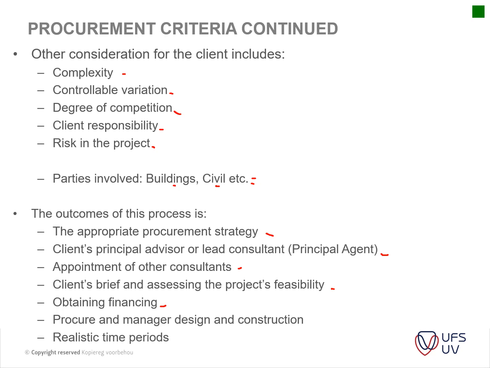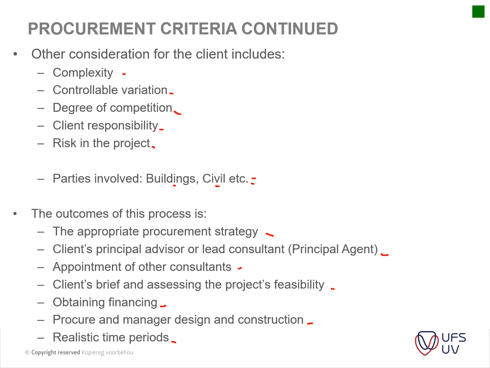Then you've got your procurement and management of design and construction. What type of process will it be? Will it be a public advertisement? Will it be a shortlist of contractors that will be invited to the project briefing or whatever? Then your realistic periods of the project completion. Usually if it's private developers, you want it done as quickly as possible to get the income as quickly as possible.